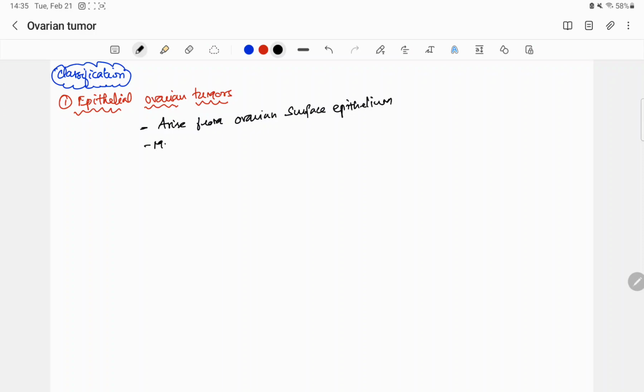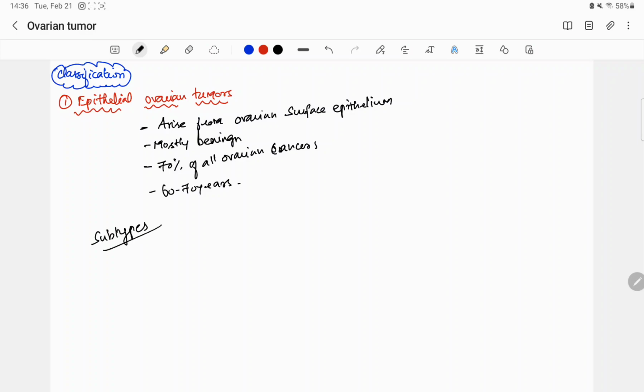They are mostly benign, and these comprise around 70% of all ovarian cancers, right? And the usual age of presentation is from 60 to 70 years. And also you have the subtypes of epithelial ovarian tumors.